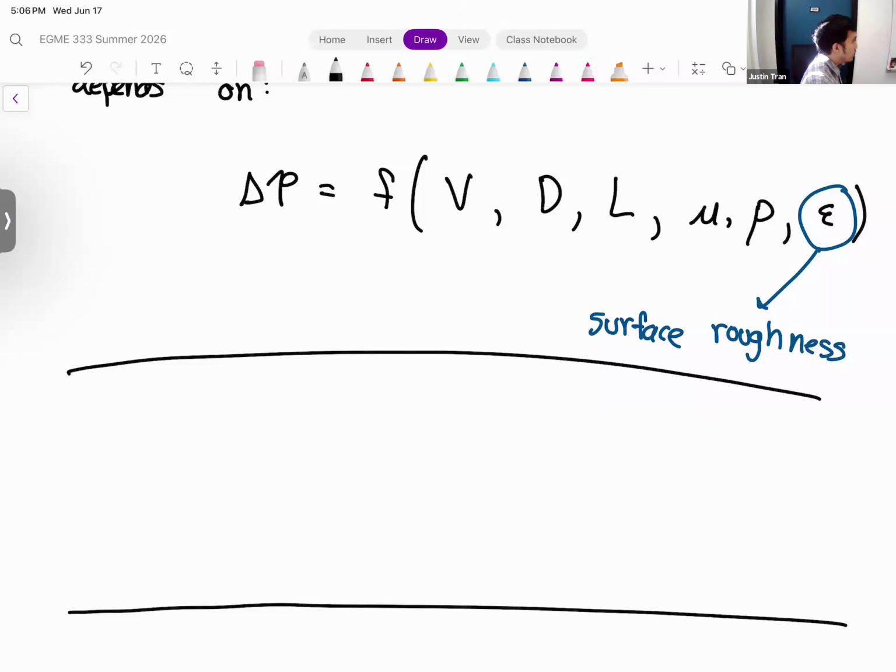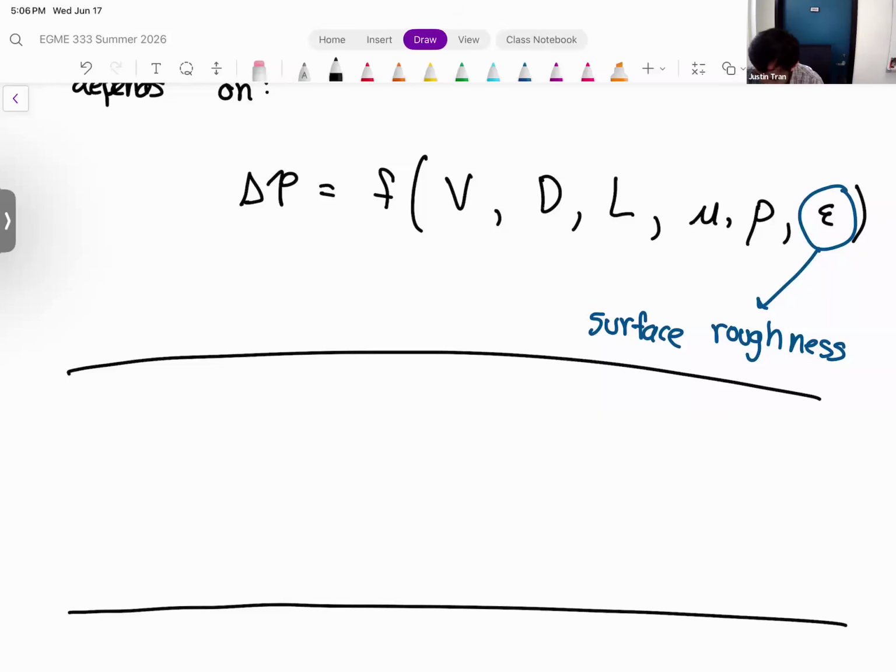normally, if you've used a pipe significantly and it's been in operation for a while, there's a bunch of rust or corrosion that gets built up on the surface. Even for brand new pipes, let's say we've machined a pipe out of metal, just by the machining process it's very difficult to get a very smooth surface on the interior.